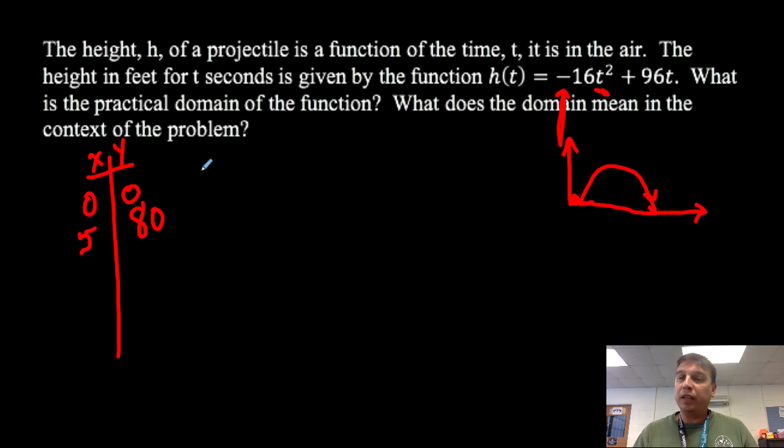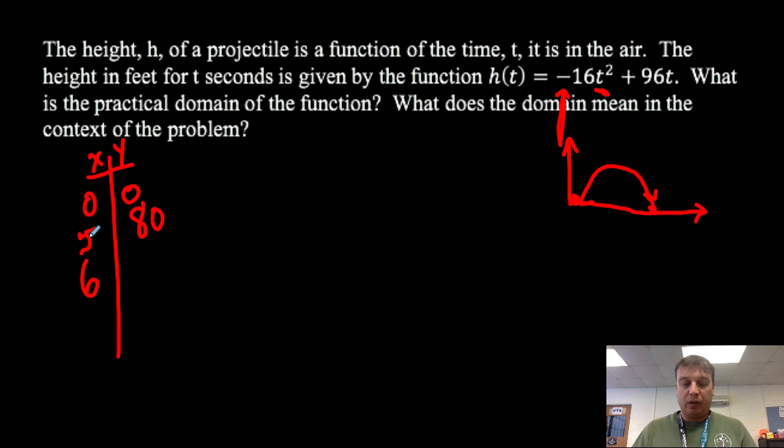The other thing that you can do is type in the function. You can go into your graphing calculator into y equals, and change the way that it's set up so that you can type in your equation, and then try the different values. So let's see, I'm just going to try 6.